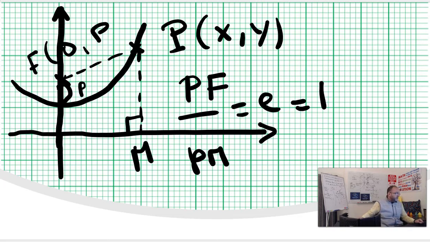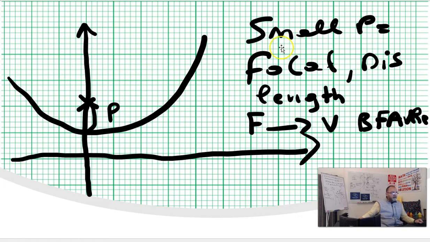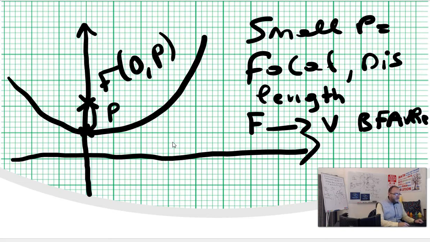Now, this is where F is. This is your focus at x coordinate 0, y coordinate p. Why is it only p? Because the vertex, the new origin, is here at 0, 0. So the coordinates of F, the focus point, are 0 and p. But it's a small p, that we call the focal distance and the focal length.